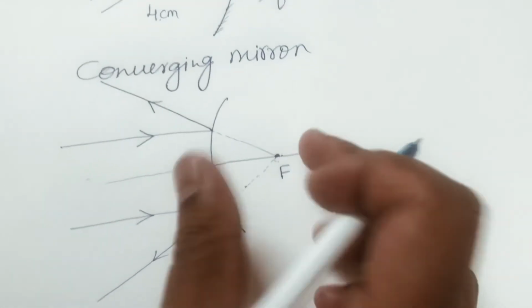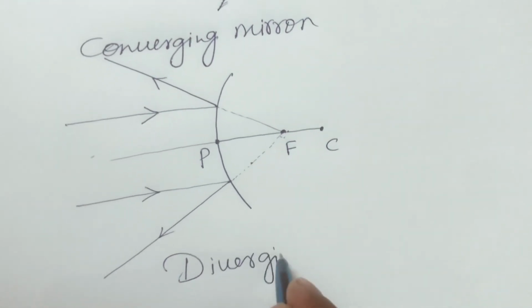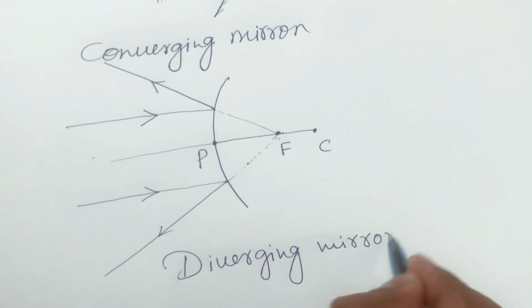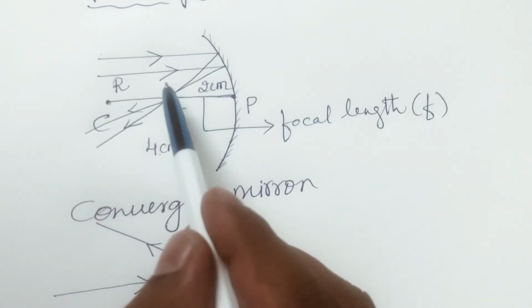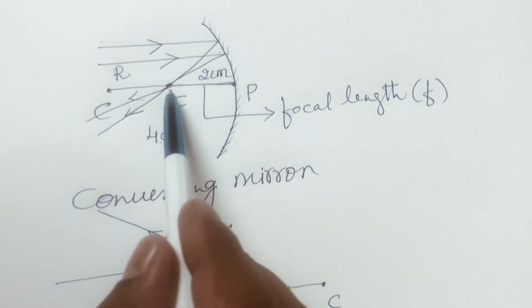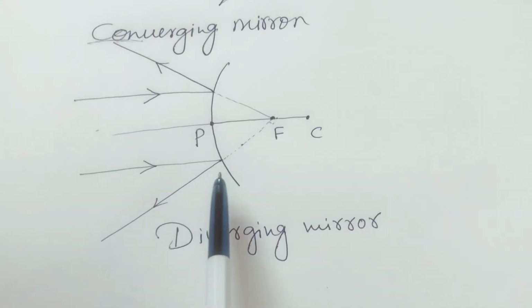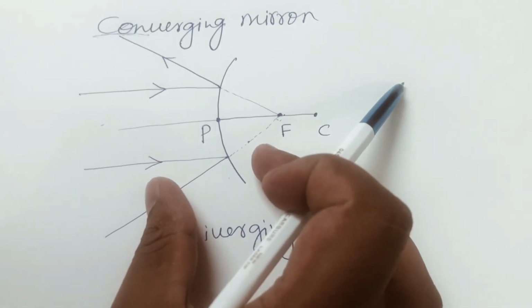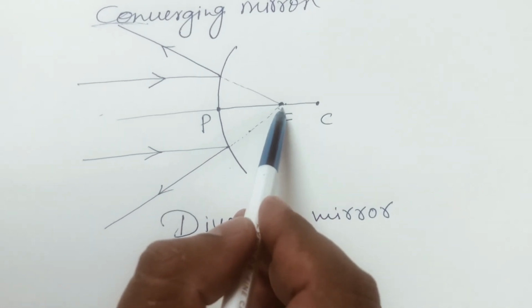So I will call this mirror a diverging mirror. Here we observed that all the light rays after reflection come and meet, so I call it a converging mirror. But in the case of a convex mirror, all the light rays look like they originate from this point after reflection.